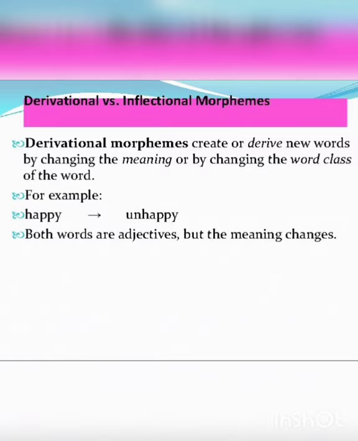Derivational morphemes include suffixes and prefixes. Suffixes such as the ish in foolish, the ly in quickly, and the ment in payment. Prefixes such as re, pre, ex, mis, co, and so on.